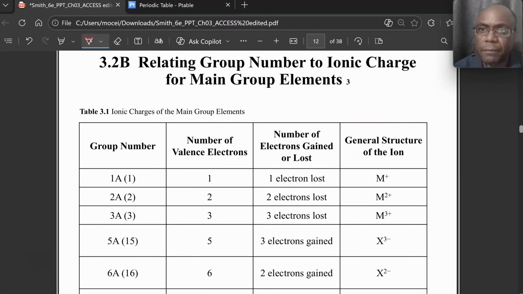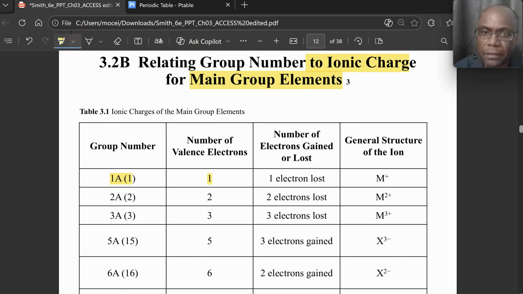Okay, now let us summarize what we've learned in the last slide. We are going to summarize the relationship between the ionic charge and where these elements are found in the periodic table. So in summary, whenever you have a group 1A element, it most likely has a valency of 1.